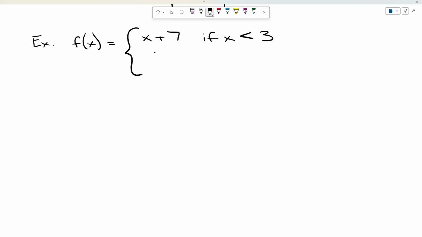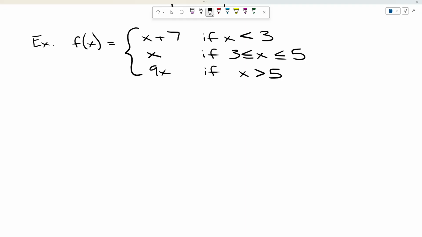And x if x is greater than or equal to 3 and less than or equal to 5. And then we have 9x if x is greater than 5.